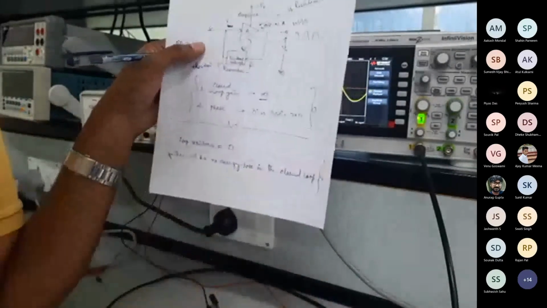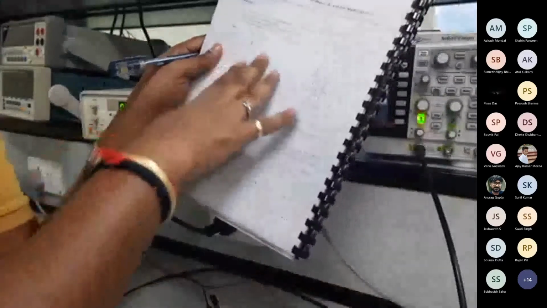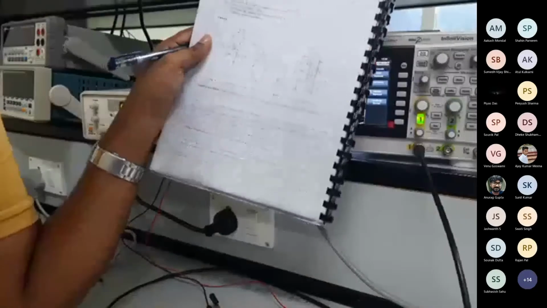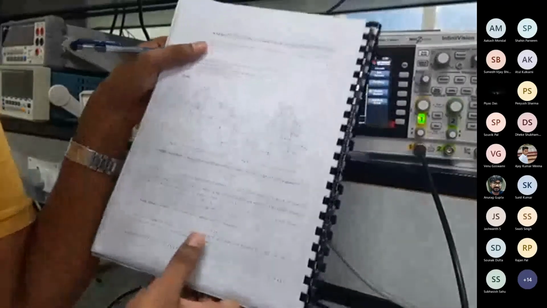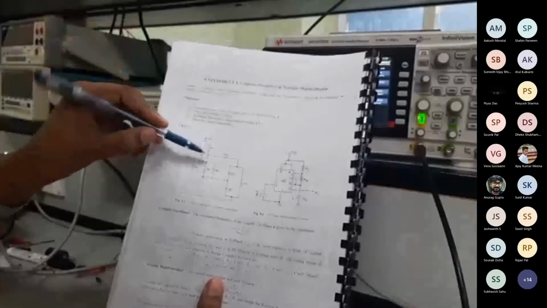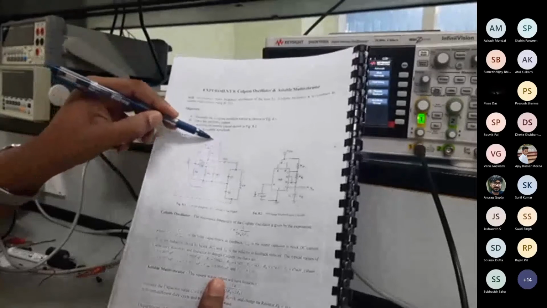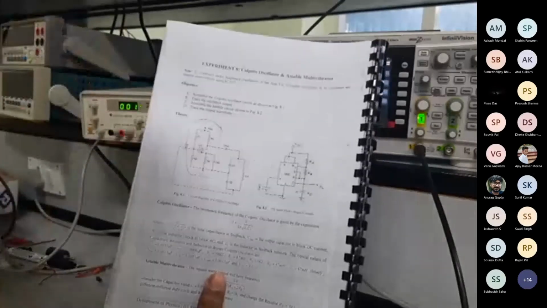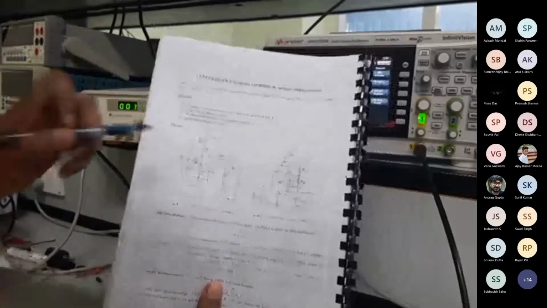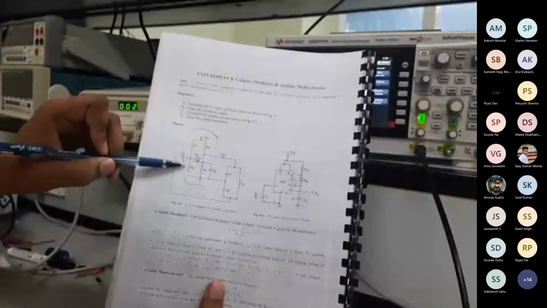Okay. So in the experiment, obviously, we are going to design a Colpitts oscillator. If you see the circuit diagram, this block is nothing but the voltage divider CE amplifier. R1, R2 is the potential divider for the biasing.